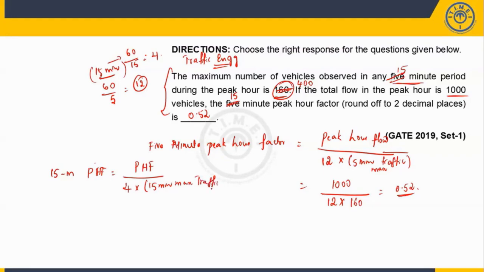Good. Super. Peak hour flow is 1000 upon 4 into maximum 15-minute traffic, how much? 400. 1000 upon 1600.